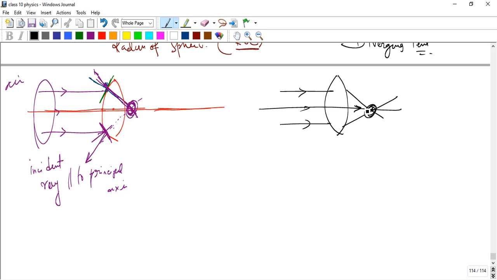That meeting point is called the focus, or principal focus. So that is for the convex lens, and now if I consider a concave lens, it looks like this.